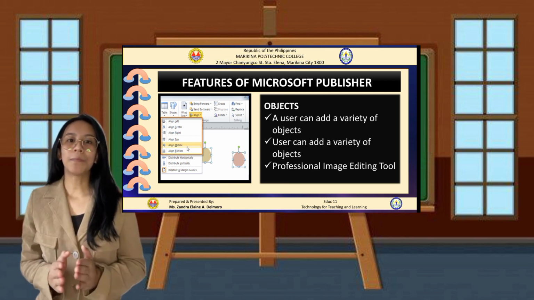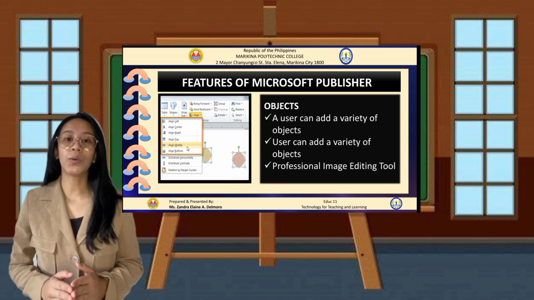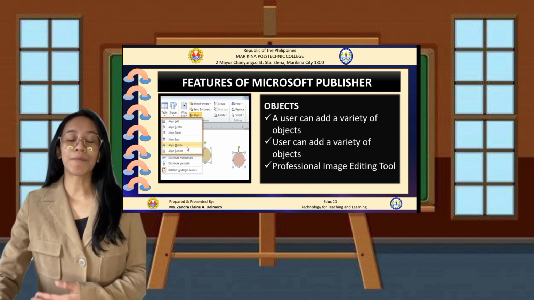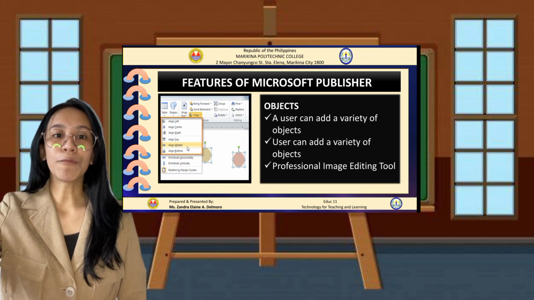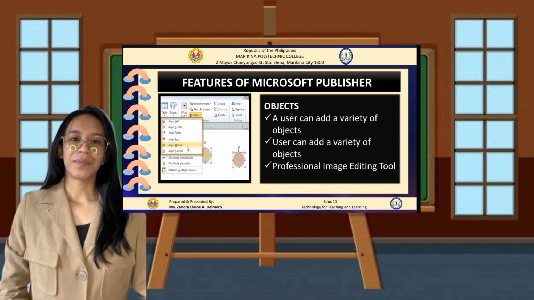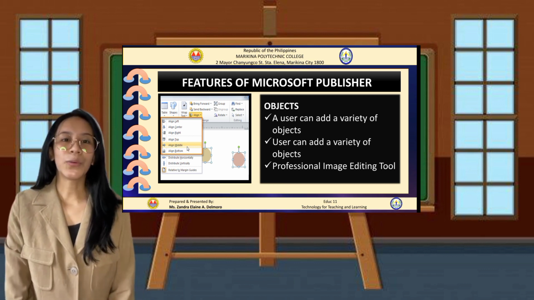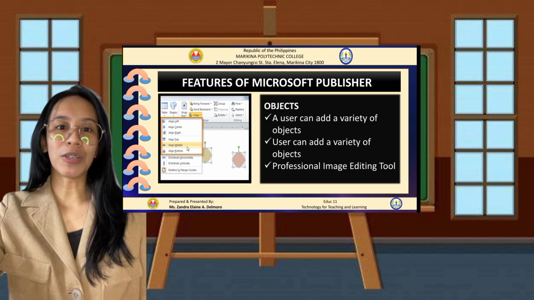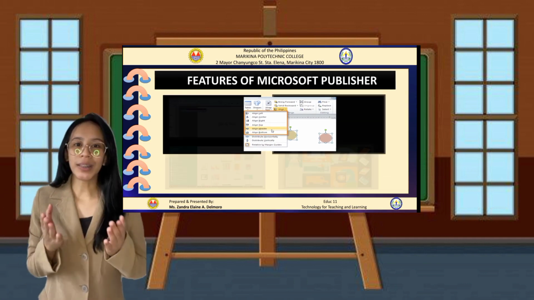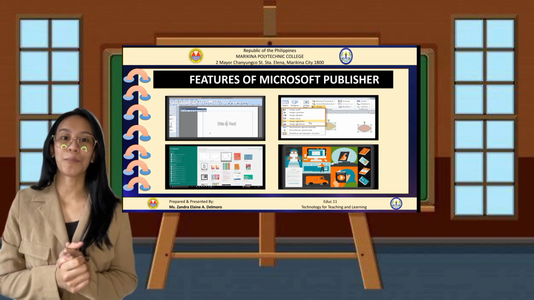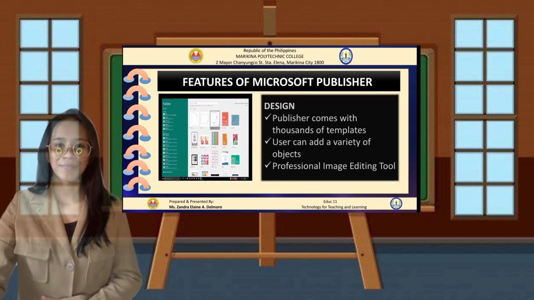So, Microsoft Publisher also comes with a logo creation wizard, a step-by-step user-friendly process to create a clean professional logo. So, we are so glad to know the features of Microsoft Publisher. But let me continue the discussion about the features of this desktop publishing software.